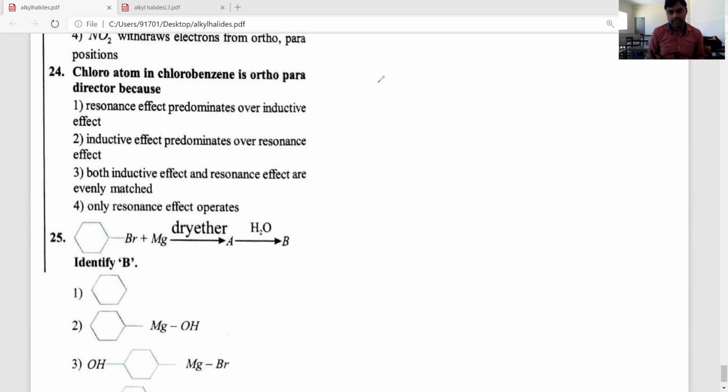Actually, we know that chlorobenzene has a minus I group but also a plus M group. Because of the presence of lone pairs, halogens have how many lone pairs? Three lone pairs are present. It increases the electron density at ortho and para positions.